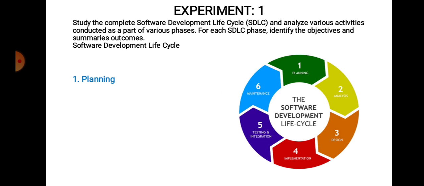Whenever the software development team builds the product, who is the user of the particular software product, how the software application is going to be used and what information the software is going to process.